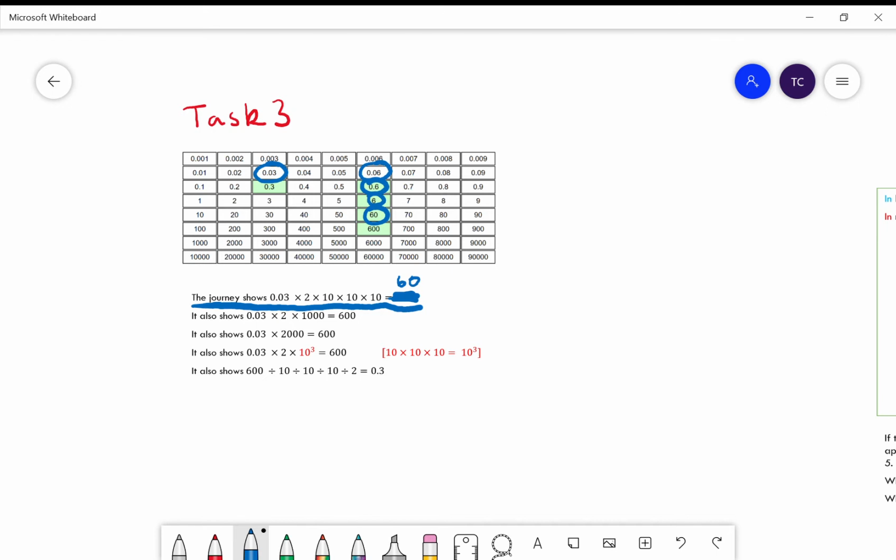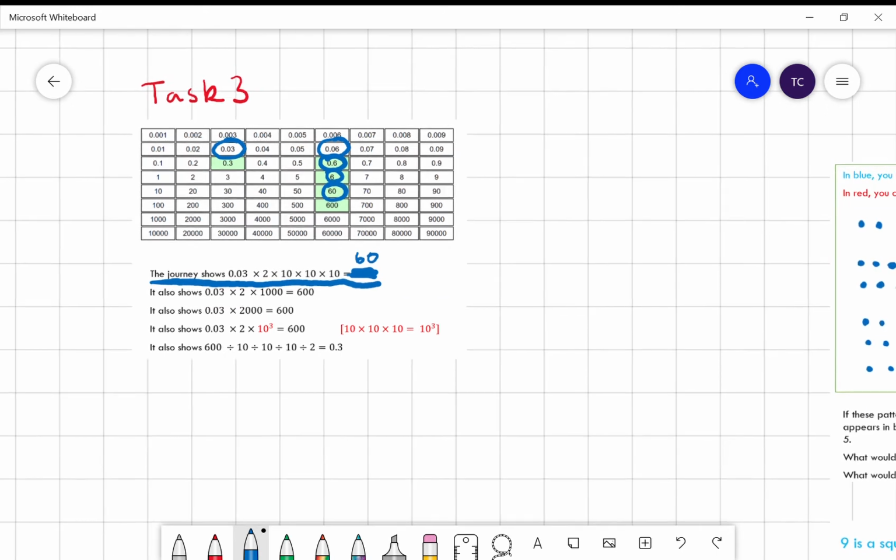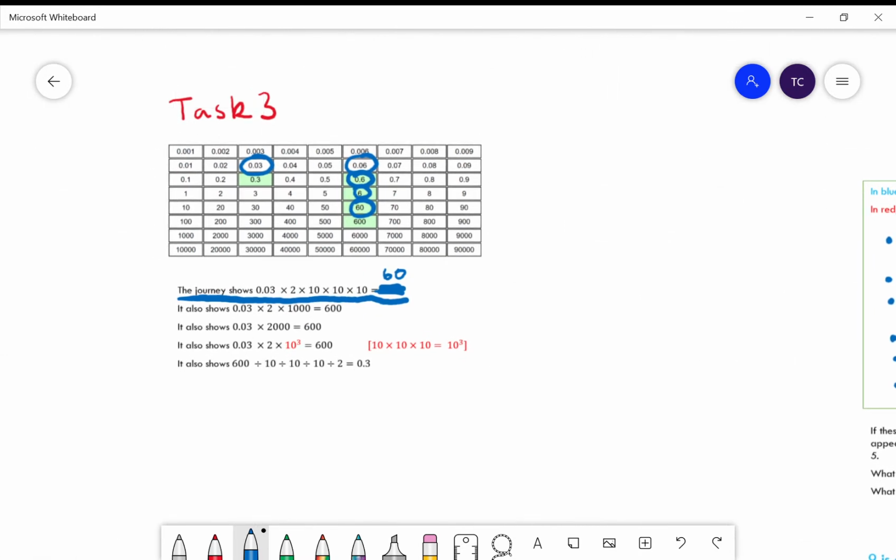I'm going to show you some other journeys in this video. I'm actually not going to bother with the ones down the bottom just now. I'm going to make up some of my own. So let's start with 0.8. Let's multiply it by 10, and it will take us to 8. So if we move down this way, it's multiplying by 10 each time.